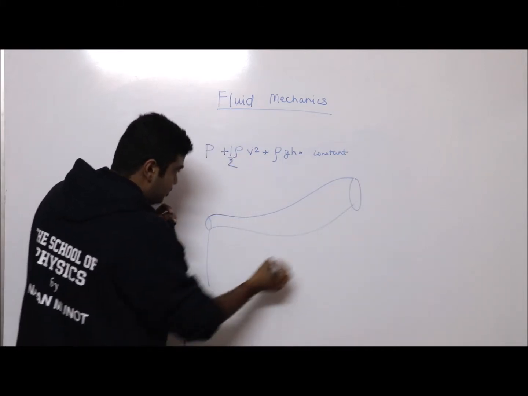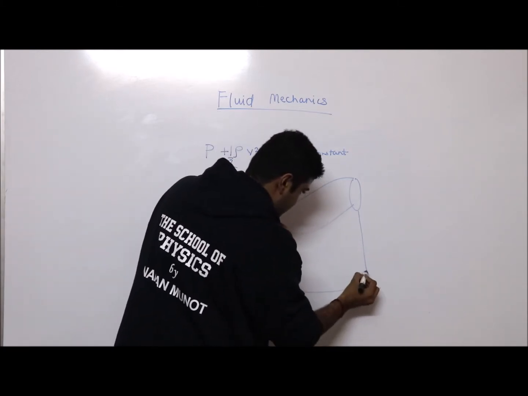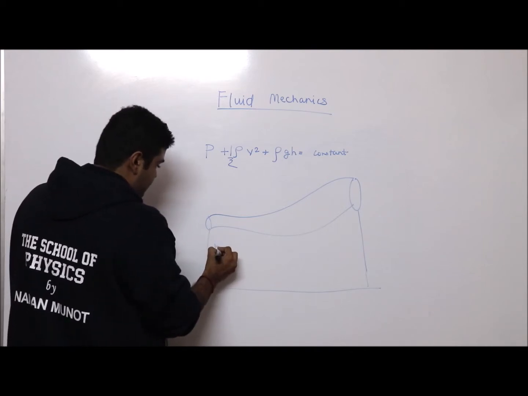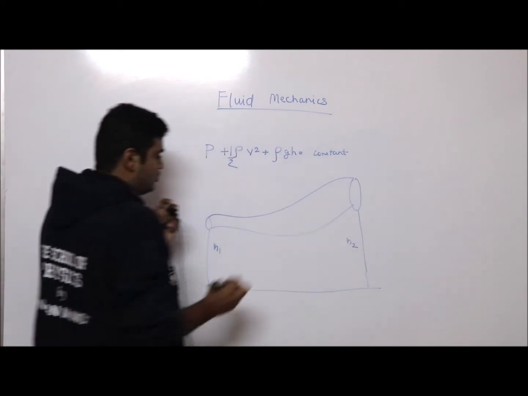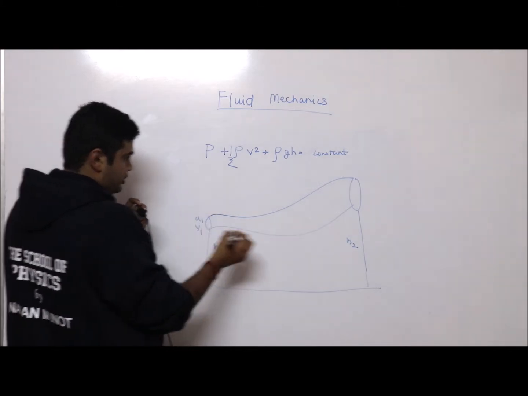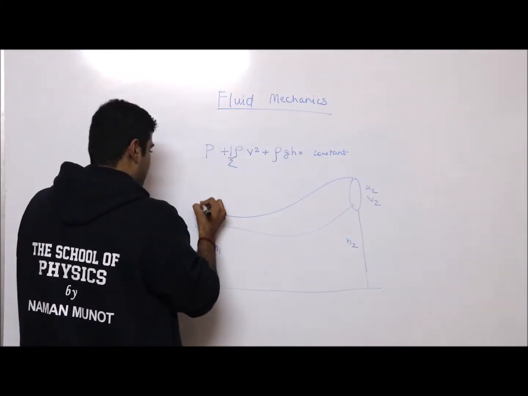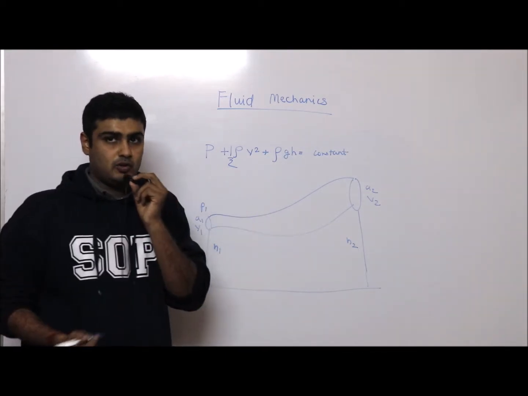Now from the ground, this is the ground, and this is the height. This is the height h1, this is the height h2, this is the area A1, this is the velocity v1 of the liquid, area A2, velocity v2. Here we have pressure p1. A very simple question will come on the application of Bernoulli's equation.